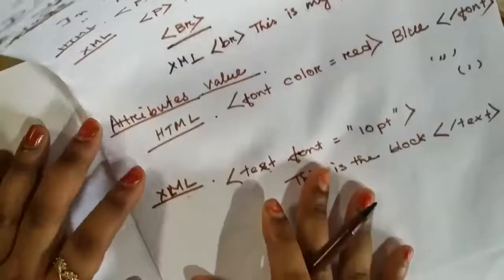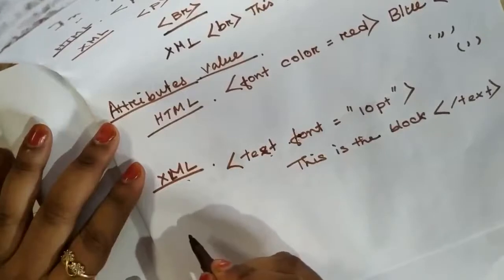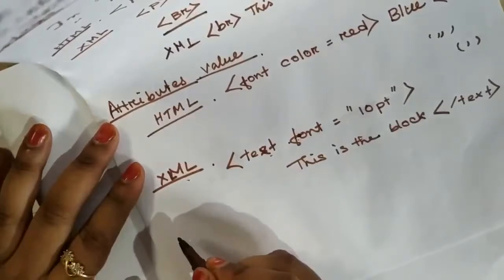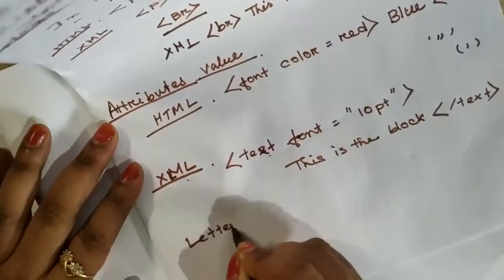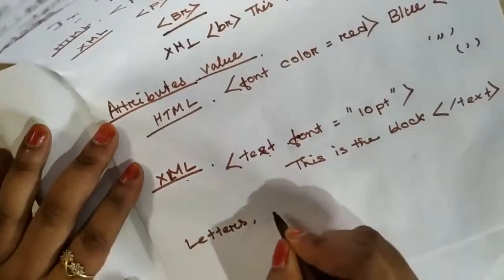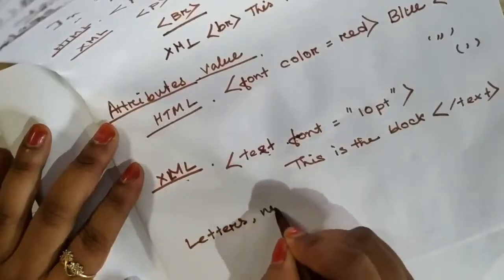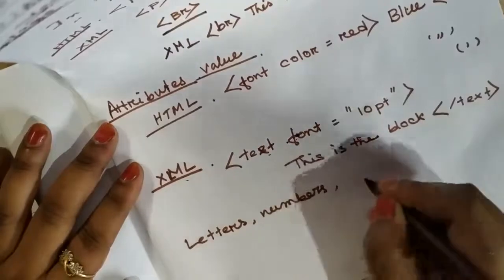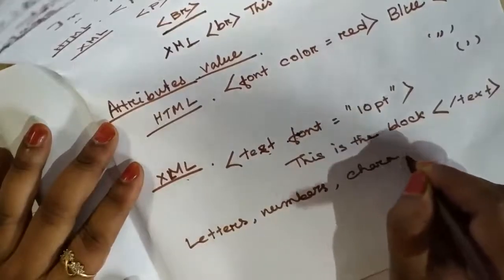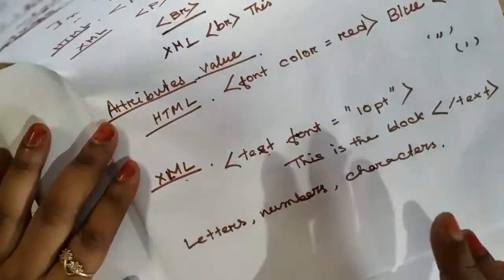Next, XML elements. XML names can contain letters, numbers, and other characters.